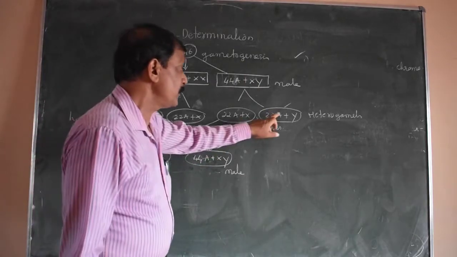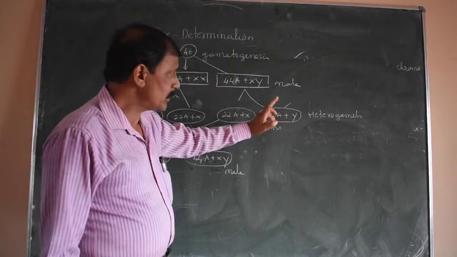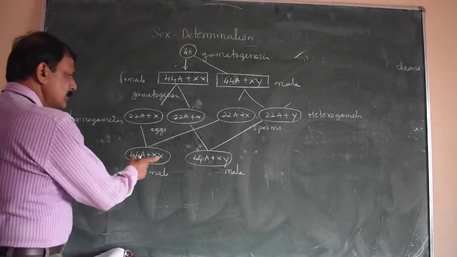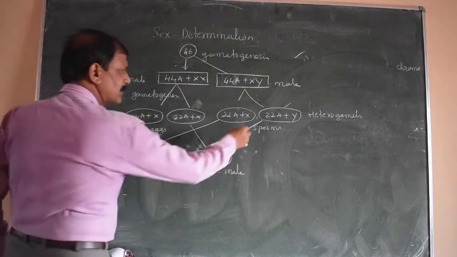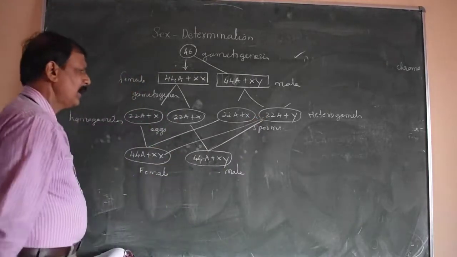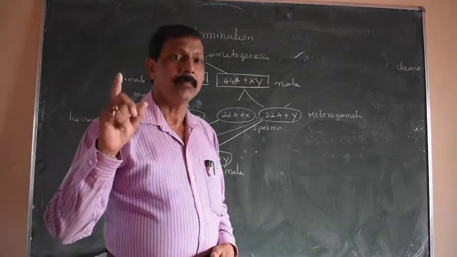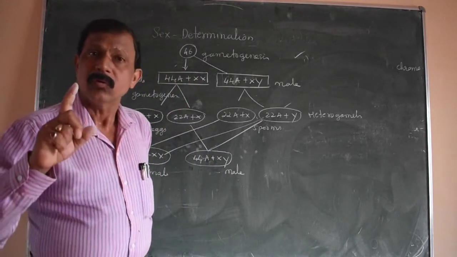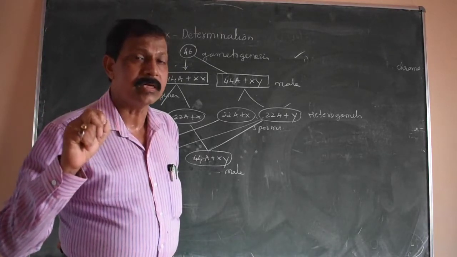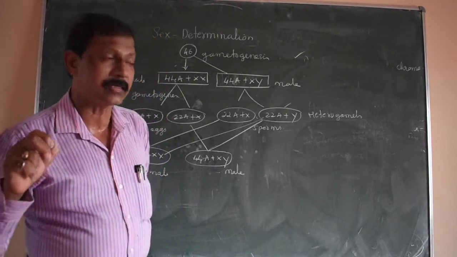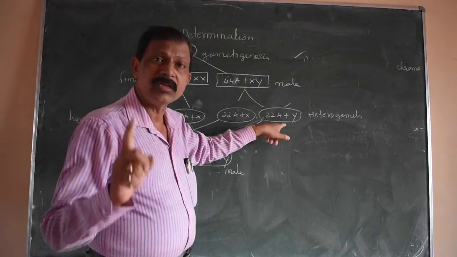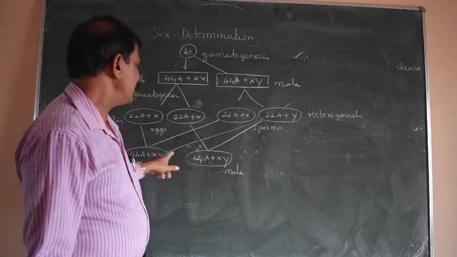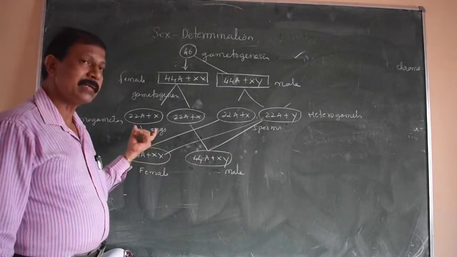If this Y is very strong and more viable, then it can meet with any one of the female gametes, and a male child will be born, because only the male gamete is motile. During discharge of the sperm into the female genital duct, if the Y chromosome reaches the ova first and fuses with one of the female gametes, the child will be male.